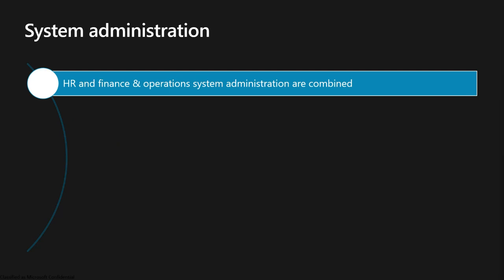We've got another slide a little bit later on where I'm going to talk more about this, but this is important to consider, especially if you're using both applications, to make a decision about what makes the most sense for your particular business: if you want to combine all of your finance and operations data with your human resources, or keep them separate.